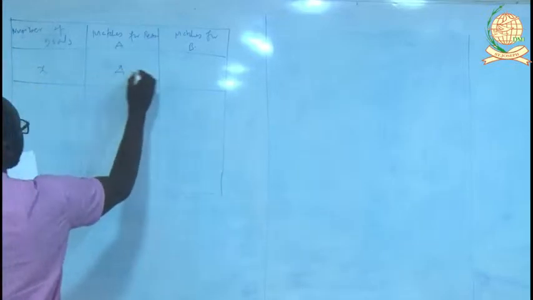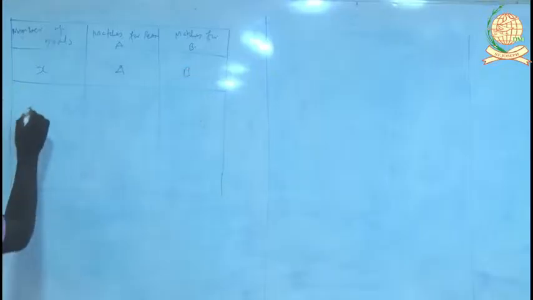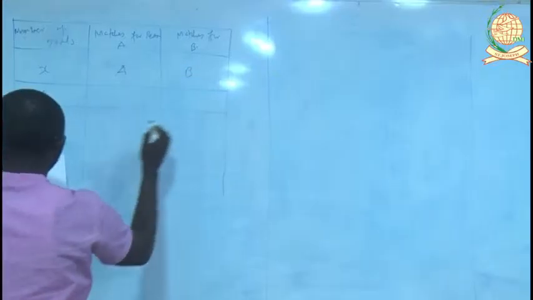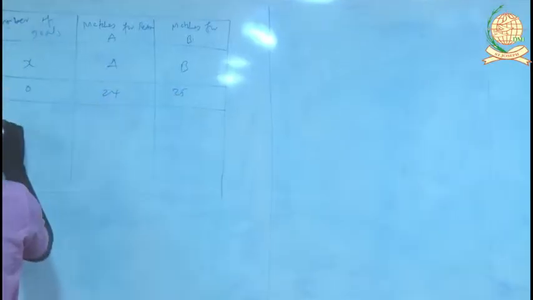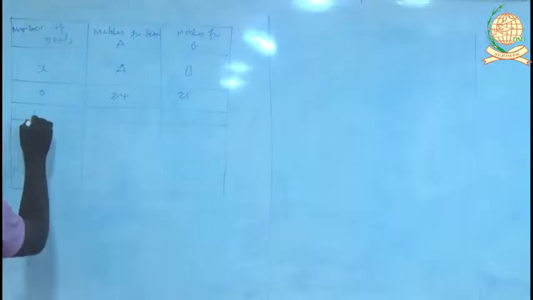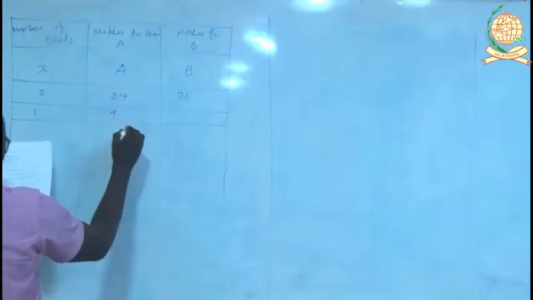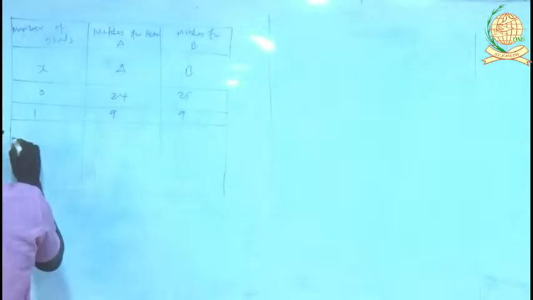This is team A and this is team B. You have 0 goals for 24 matches of A and 25 matches of B, and 1 goal for 9 matches of A, 9 matches of B.